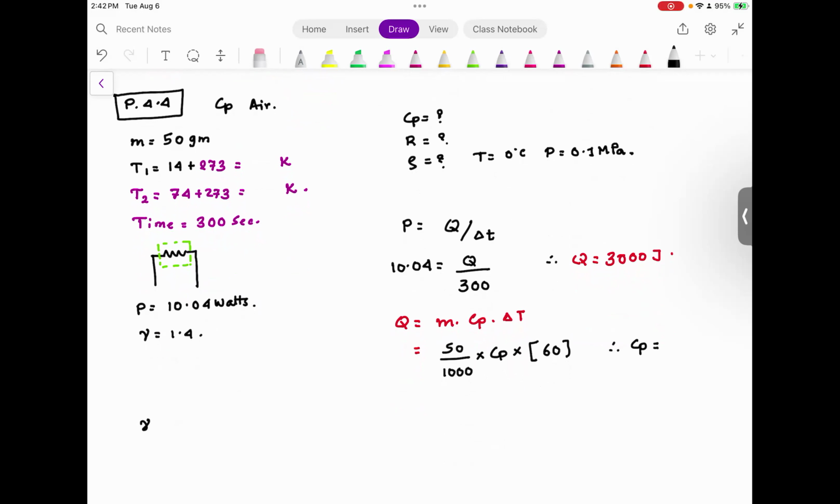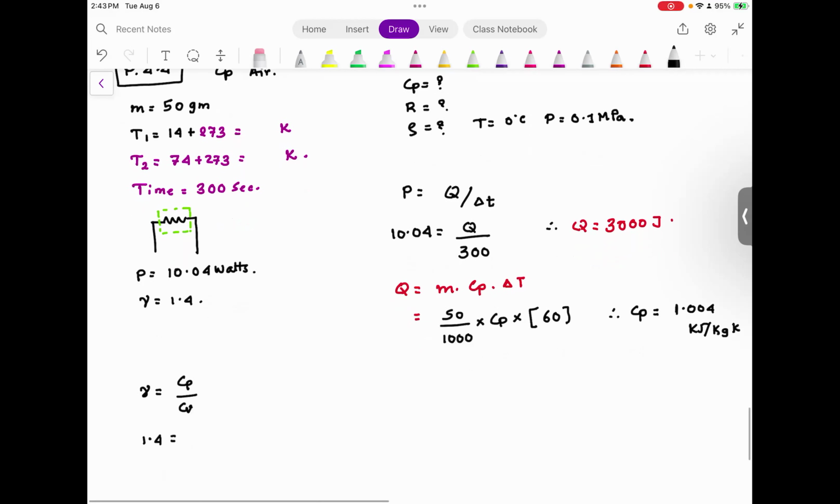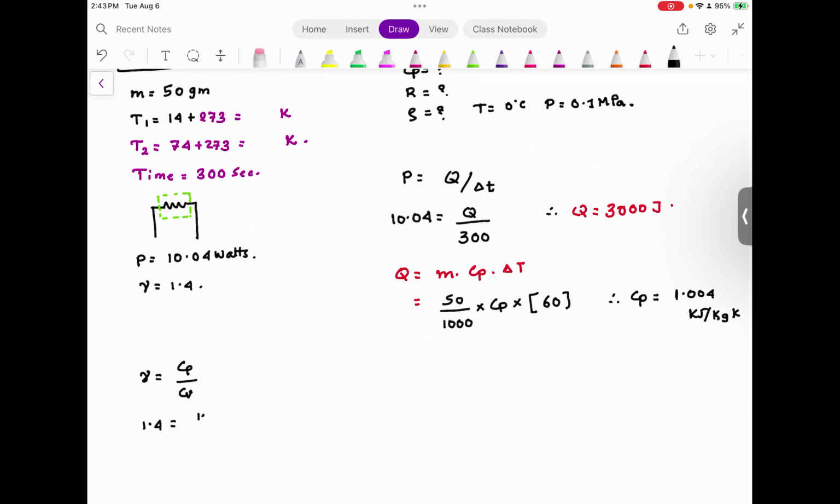Gamma value is Cp divided by Cv. Gamma is given as 1.4. You can find out the Cp value from here, which is 1.004 kilojoules per kg Kelvin. 1.4 is equal to 1.004 divided by Cv. So from here, you should be able to get the value of Cv.